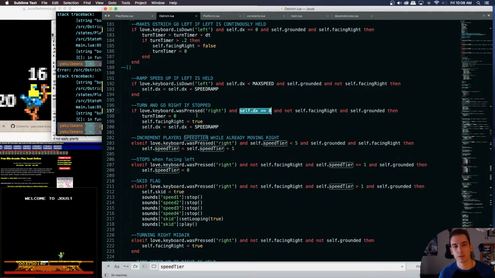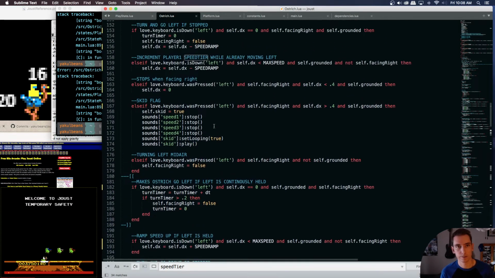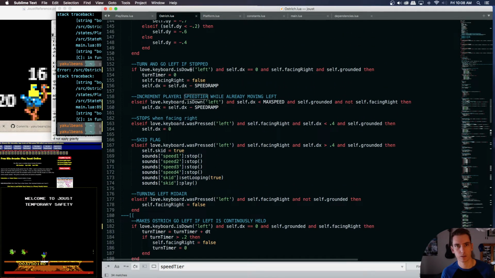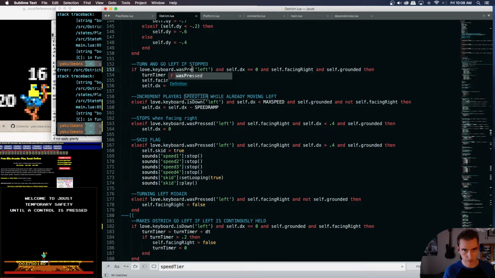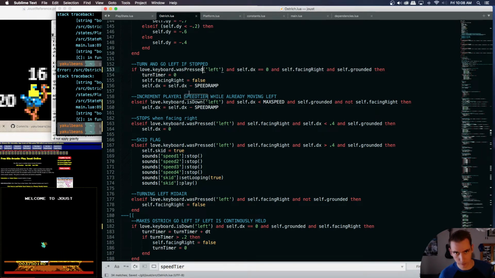On the frame it registers was pressed right, it'll give me a positive dx. Therefore, the very next frame, this was pressed will be false and it won't execute. So turn and go left, stopped. We can do this was pressed instead of is down for the same reasoning.